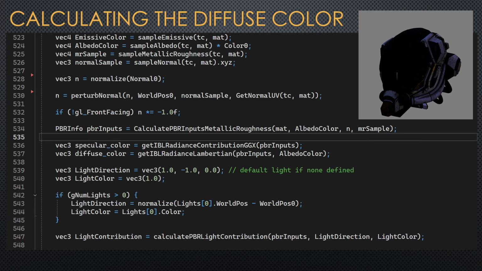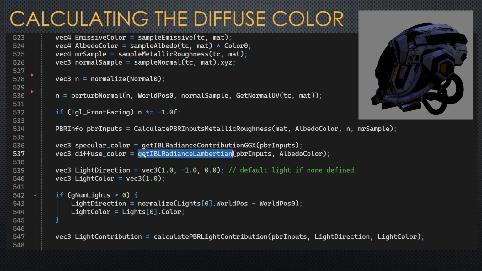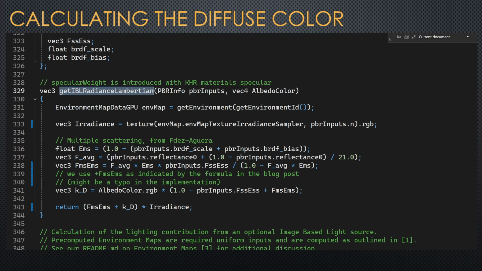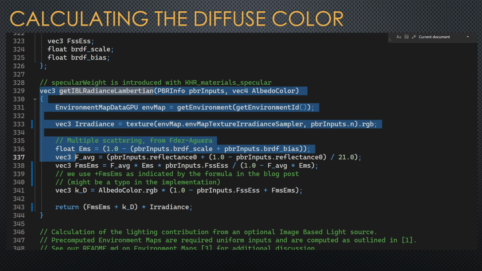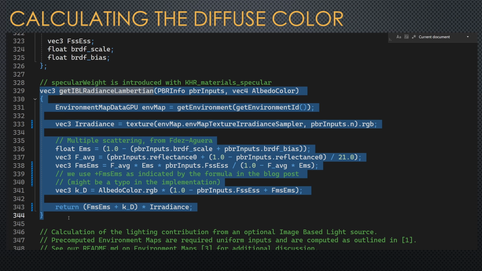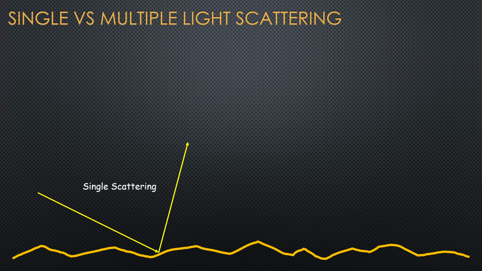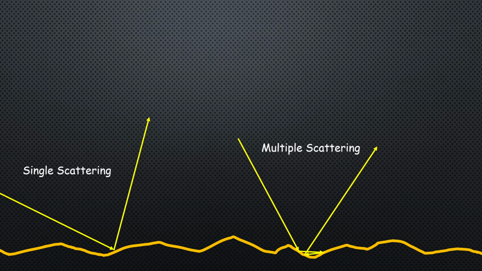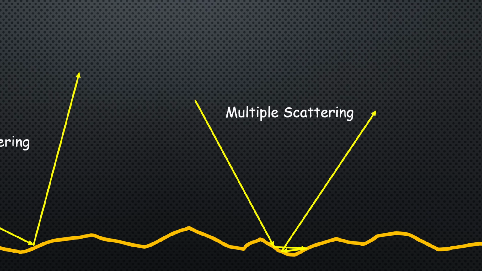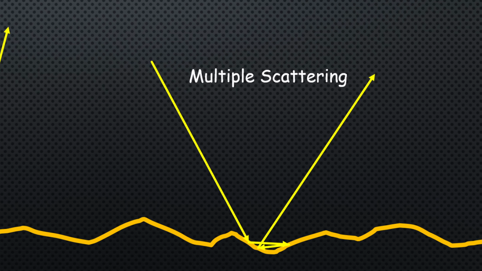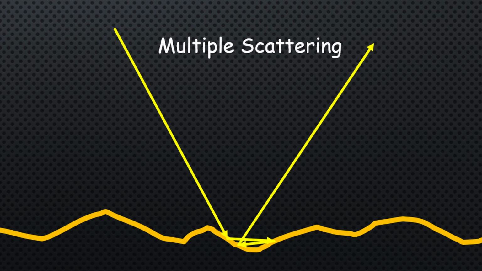The next big step is the calculation of the diffuse color. The following function handles multiple light scattering, which means that light doesn't necessarily bounce off a surface in one clean bounce. Instead, it can bounce around some microfacets on a rough surface before it exits towards the viewer.